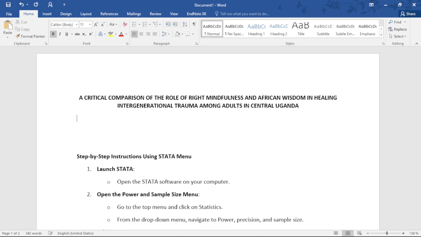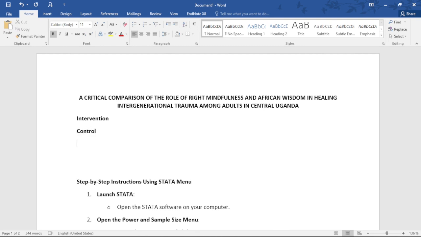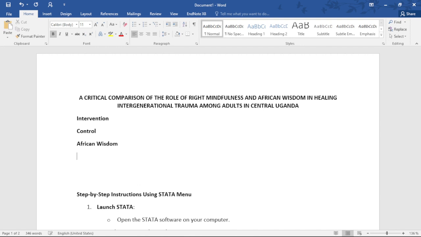So before you go into STATA and you begin calculating sample size, you need to know that this is an intervention study. From this intervention study, we have the control group, that is group 1. We also have the group we are giving the treatment for African wisdom, which is one of the interventions that the study was aiming to do.